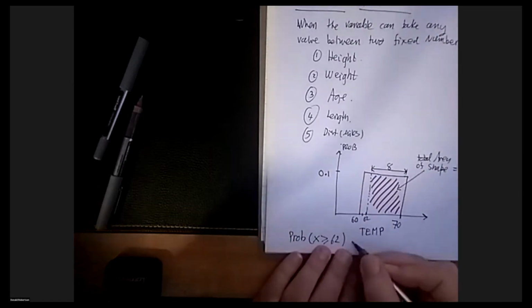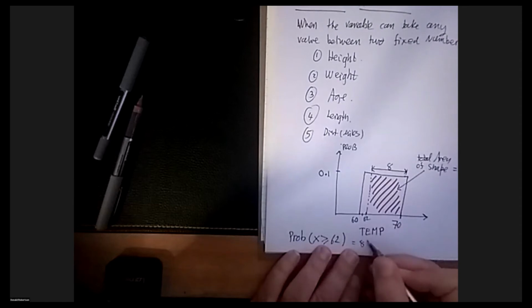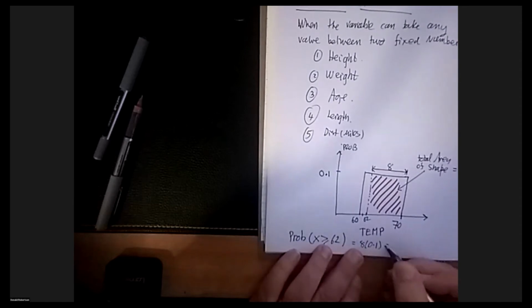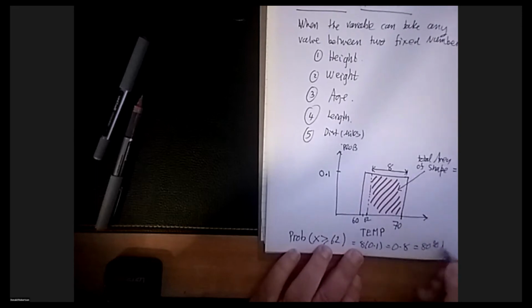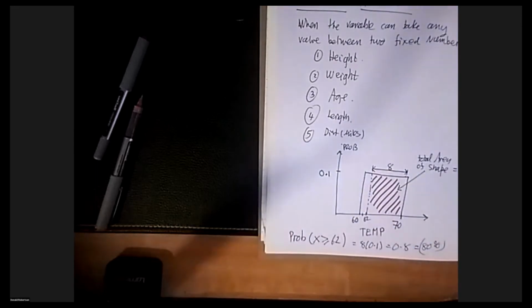So the probability of that happening is 8 times 0.1, which is 0.8, which I'm going to call 80% because I like percentages for probabilities, although I'm not sure the textbook does. There's an 80% chance that if I randomly turn up on that island sometime in the year, the temperature's 62 or better.